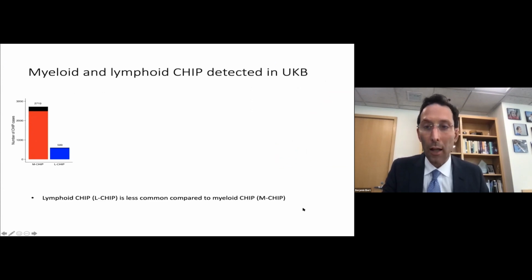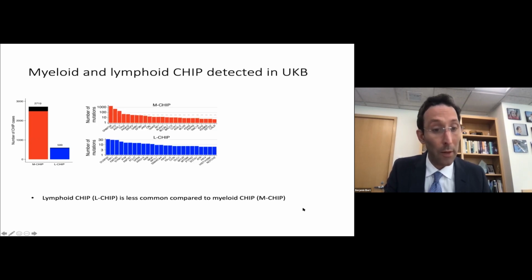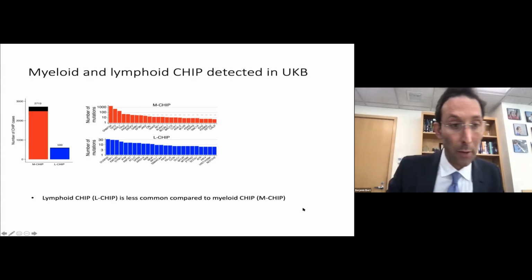Now, we've recently looked for not only myeloid mutations, but also lymphoid mutations, looking for mutations that we know to be recurrent drivers of lymphoid malignancies in clonal hematopoiesis. We looked in 50,000 cases from the UK Biobank, and we detected both myeloid and lymphoid mutations at significant frequency.